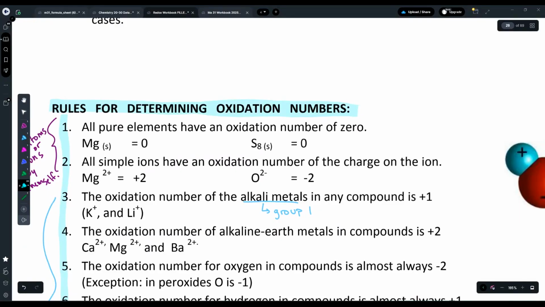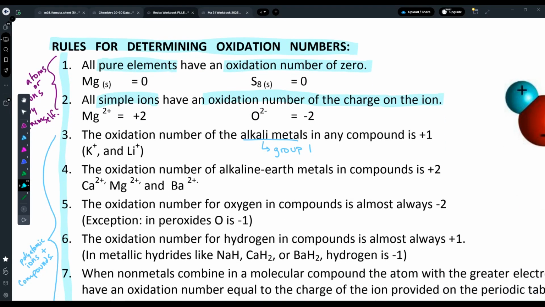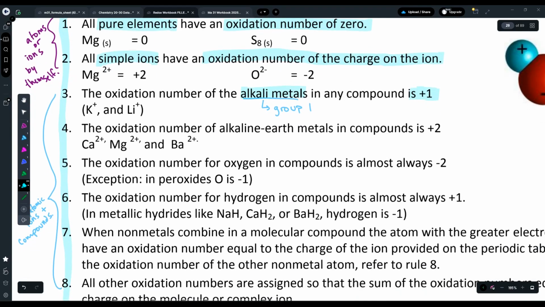Let's go in and highlight the important words here. So pure elements have an oxidation number of 0. Simple ions have an oxidation number of the charge on the ion. Alkali metals, oxidation number is +1.